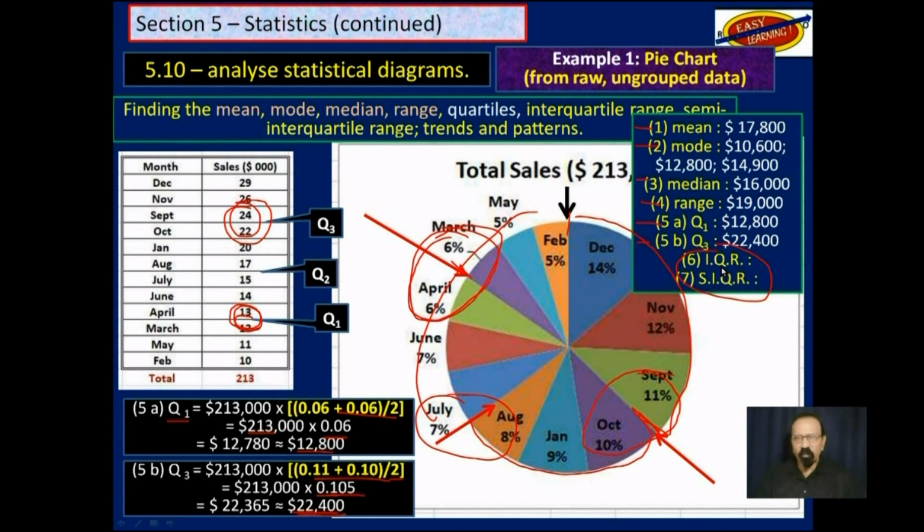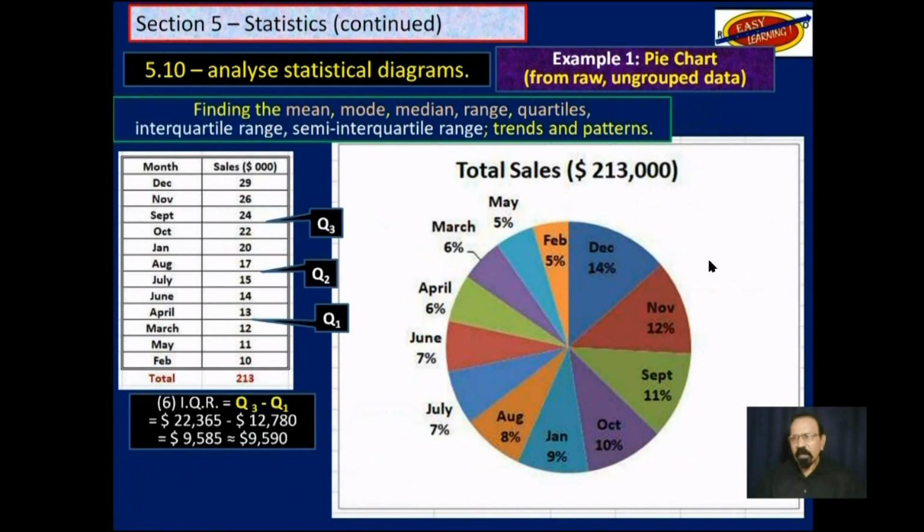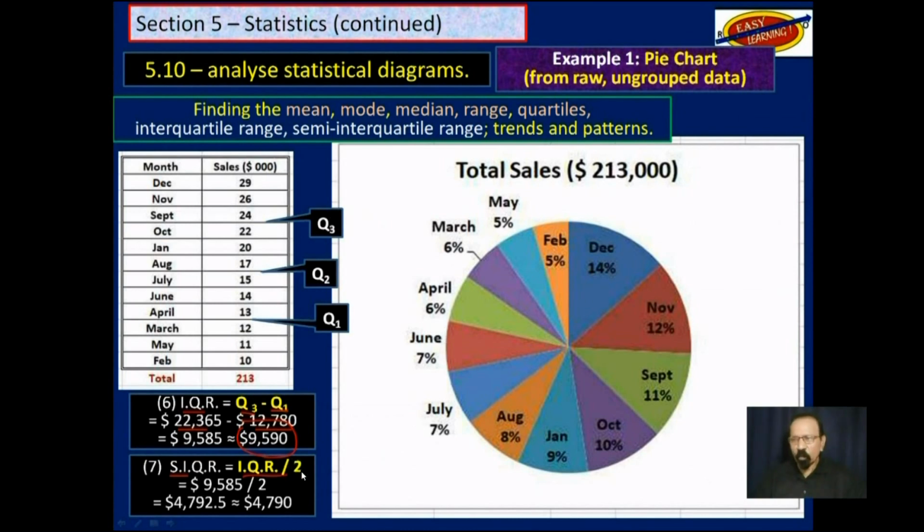If we have reached this far, those two are extremely easy. So the interquartile range is the difference between Q3 and Q1. And this is Q3, that is Q1. We subtract those two and we get 9,590. And the semi-interquartile range is 1/2 of the interquartile range.